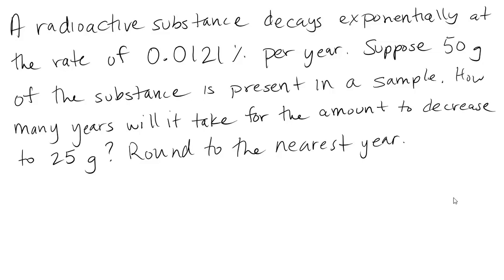We know that our model for exponential growth and decay is Q equals Q sub 0 e to the rt. So Q is the amount that we end with, and it's decreasing down to 25 grams at the end. So that's the ending amount of this substance. We're beginning with 50 grams, so Q sub 0 is 50.